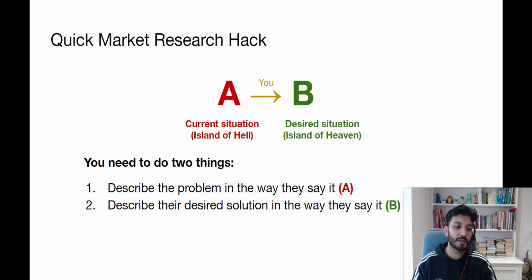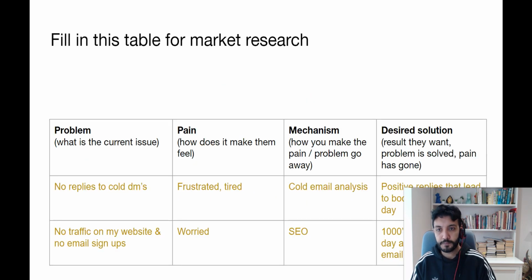So when we talk about market research, it's really about understanding how your target audience communicates to themselves about where they are and where they want to be. Once you can tap into the words they are telling themselves and formulate that into a message when you're on calls, they will feel you understand them on a much deeper level.